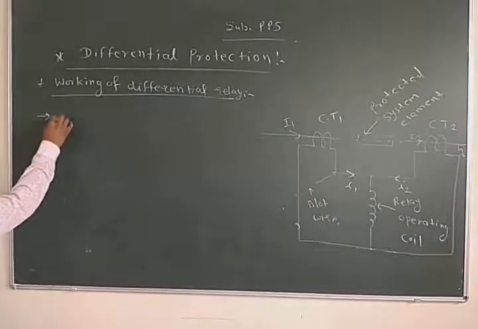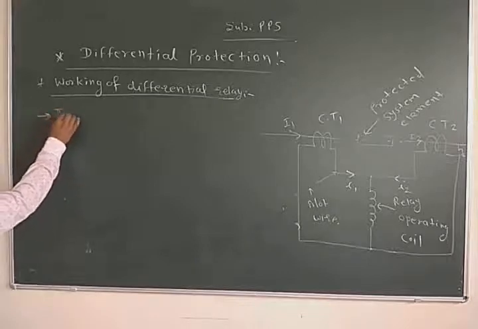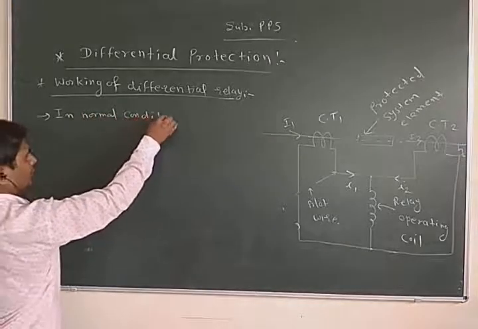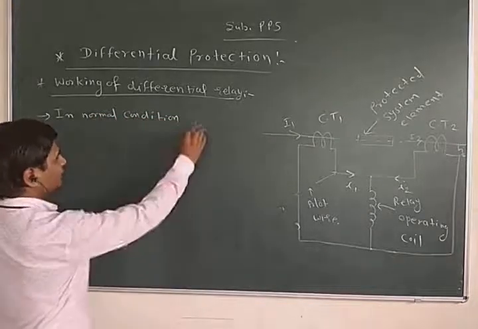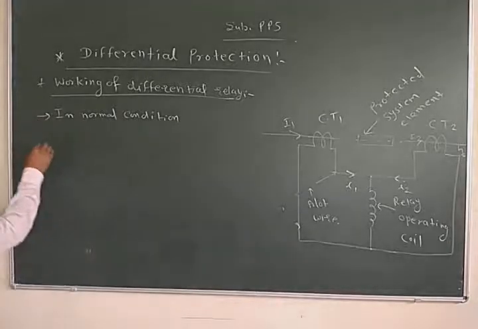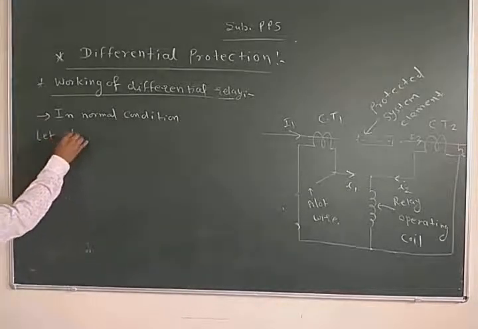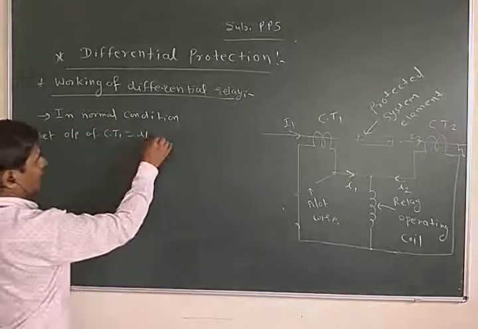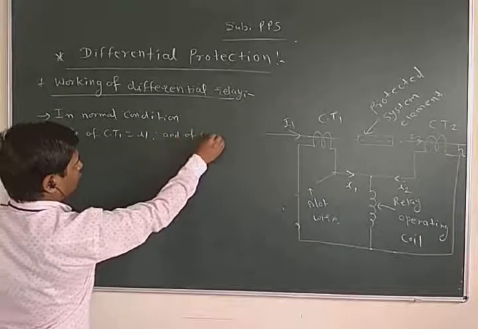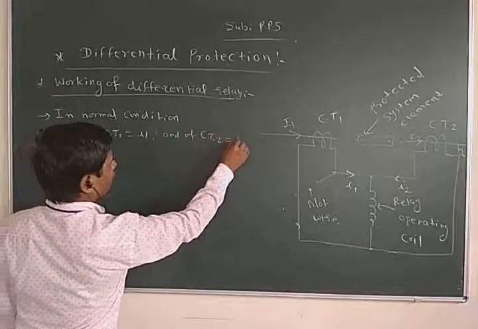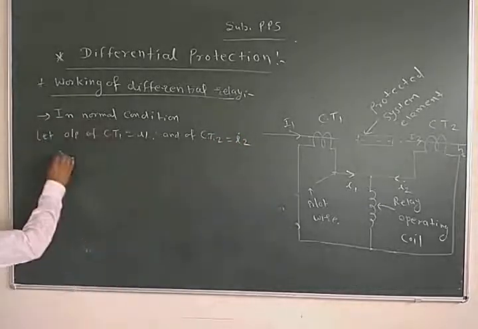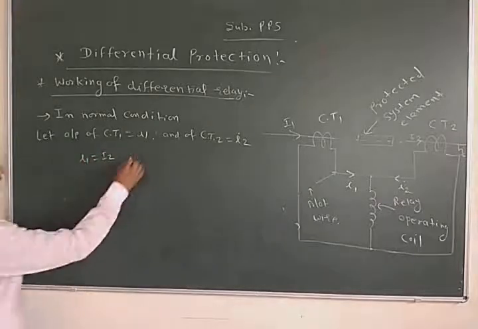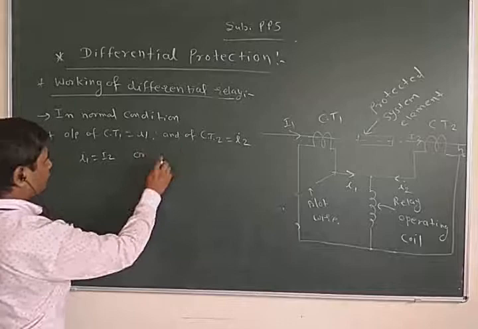Simply, in normal condition, let output of CT1 is I1 and of CT2 is I2, and I1 is equal to I2, or I1 minus I2 is equal to 0.